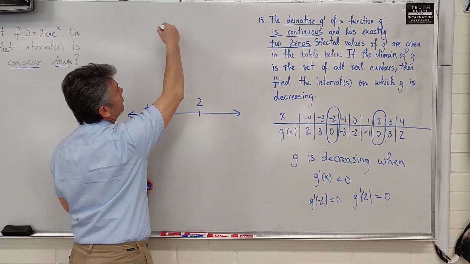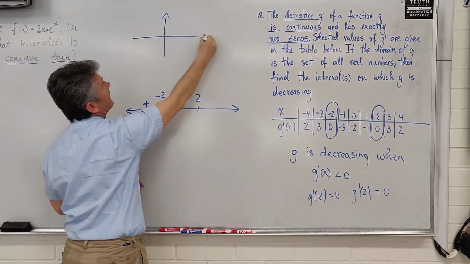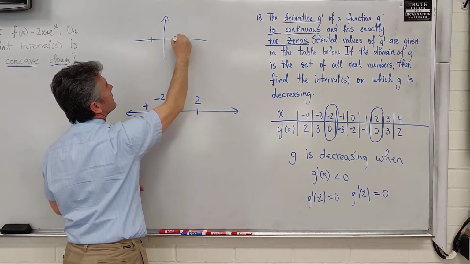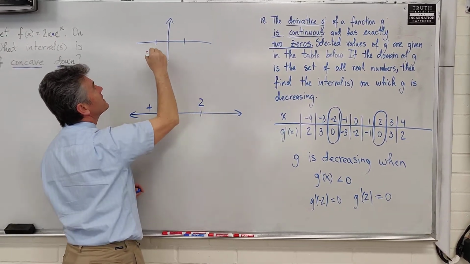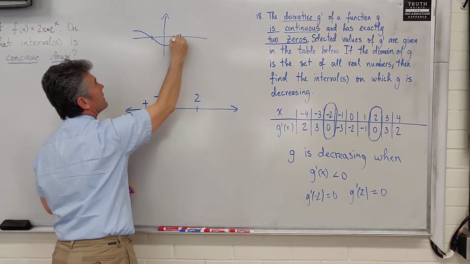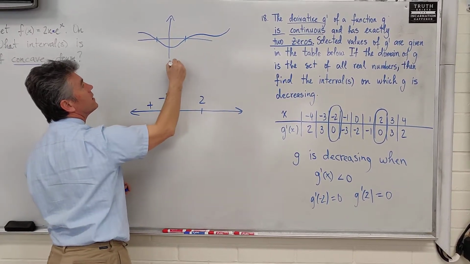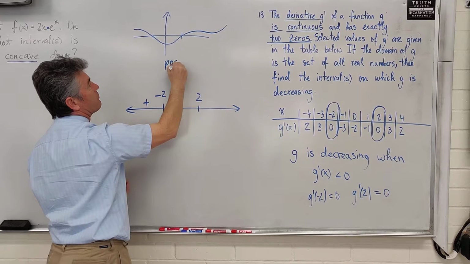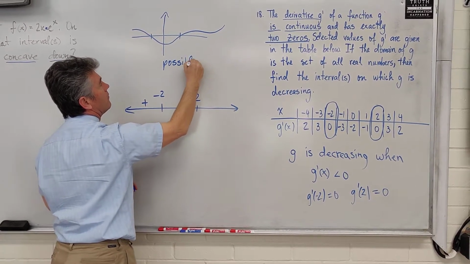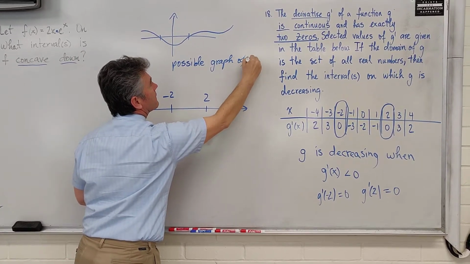And so let me just draw the graph of g prime. Now, I have no idea what the graph looks like, but I do know that the function is continuous. This is a possible graph of g prime.